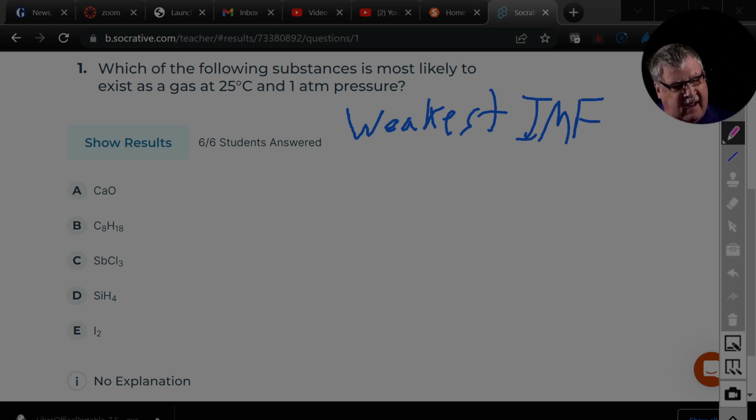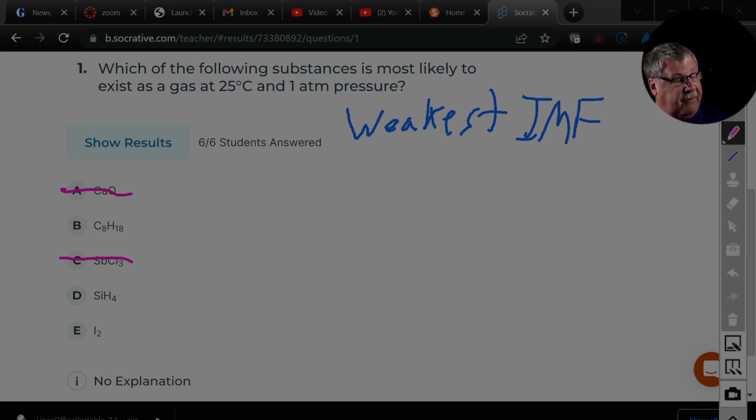How did we identify ionic compounds? They have a metal in their formula. Okay, and we can see the very first possible choice, calcium oxide, has a metal in its formula. And if we look at antimony trichloride, that's probably also an ionic compound. If nothing else, it's going to have a dipole moment because chlorine is very electronegative. So I'm going to scratch that one.